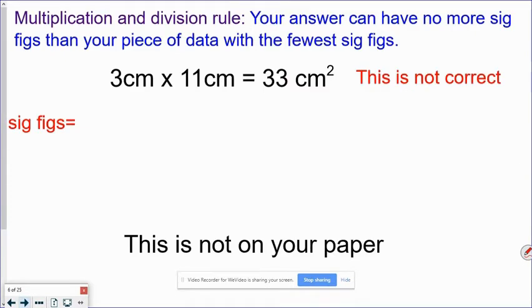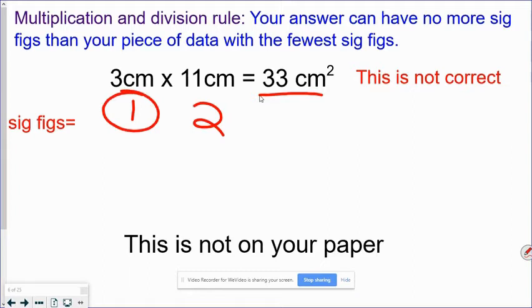So here we go. Do this on your calculator. Punch this in. Pause the video as need be. And if you pause the video and you do this on your calculator, this is what your calculator actually gives you for an answer. We have 1 significant digit here. We have 2 significant digits here. According to our rule, our answer can only have the number of significant digits as the piece of data with the fewest significant digits.